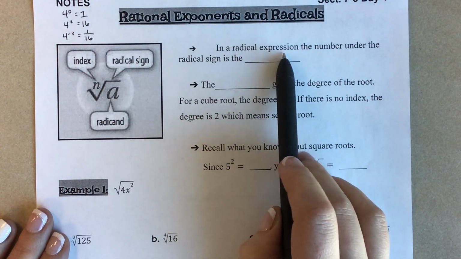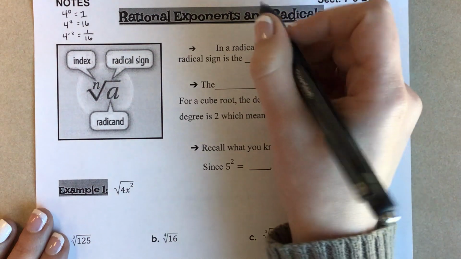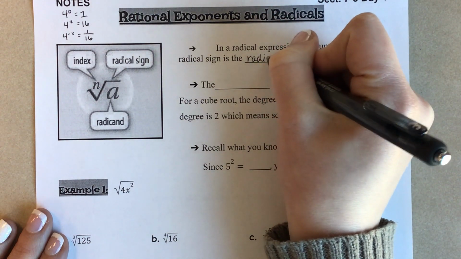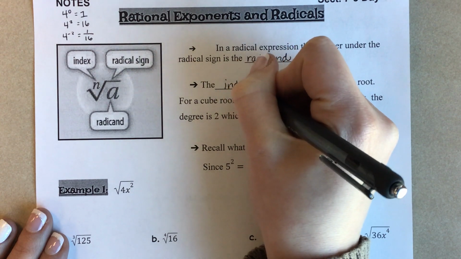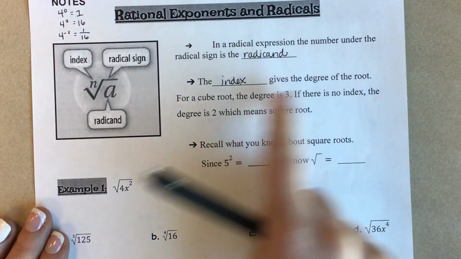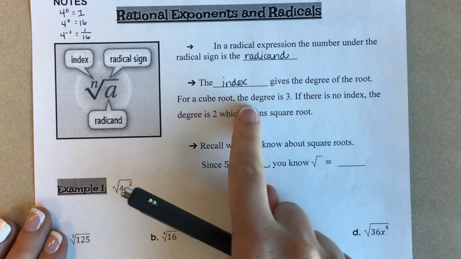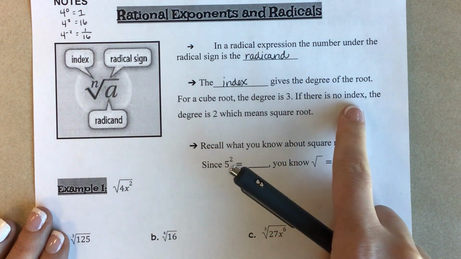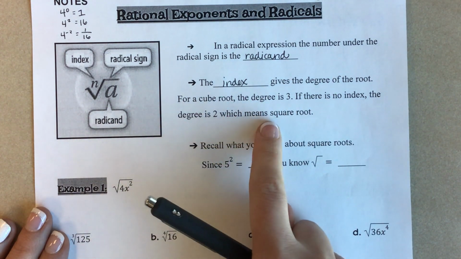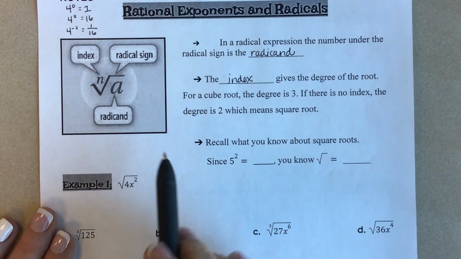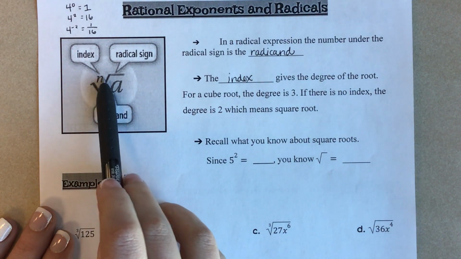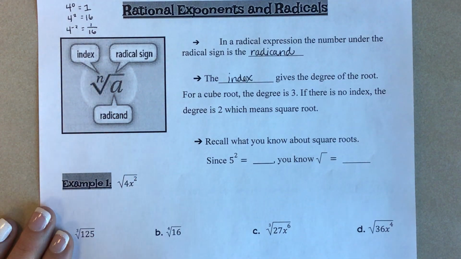So in a radical expression, the number under the radical sign is the radicand, and the index gives the degree of the root. For a cube root, the degree is 3. If there is no index, the degree is 2, which means square root. So if I don't see any number right here, then it would just be a square root.